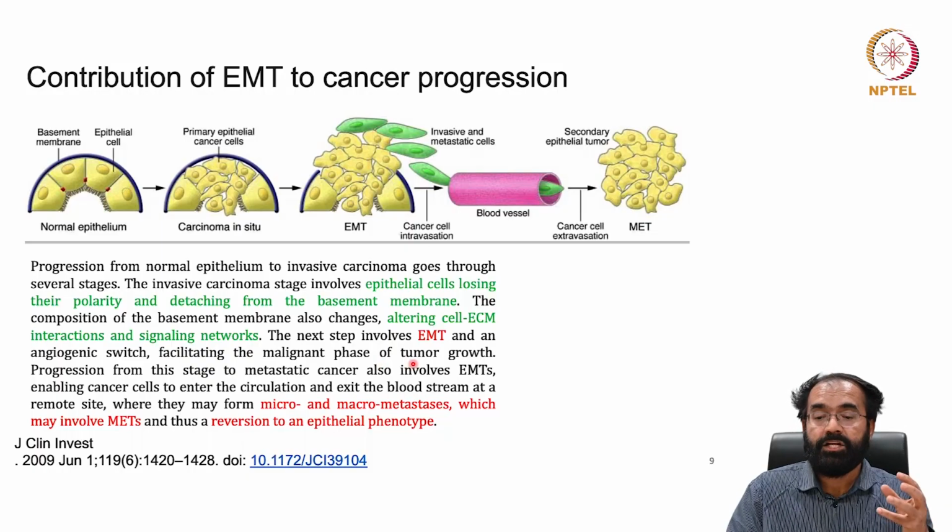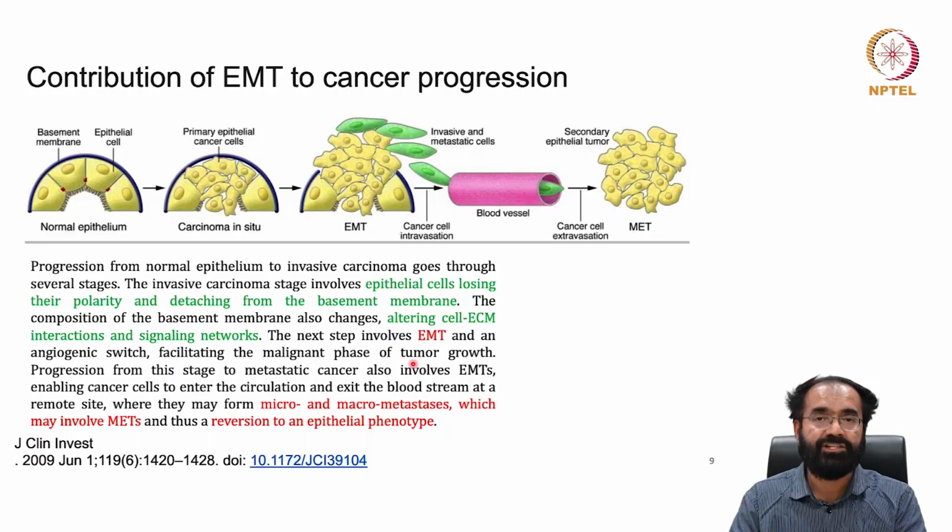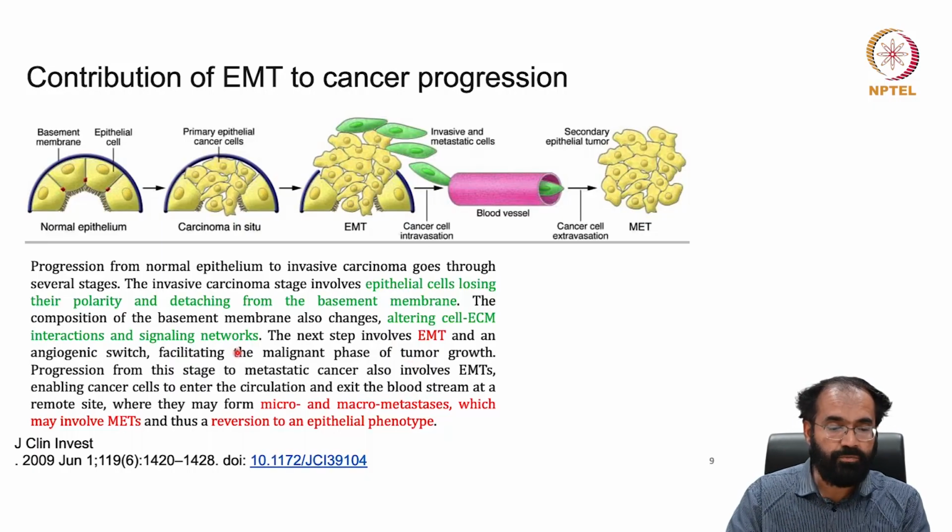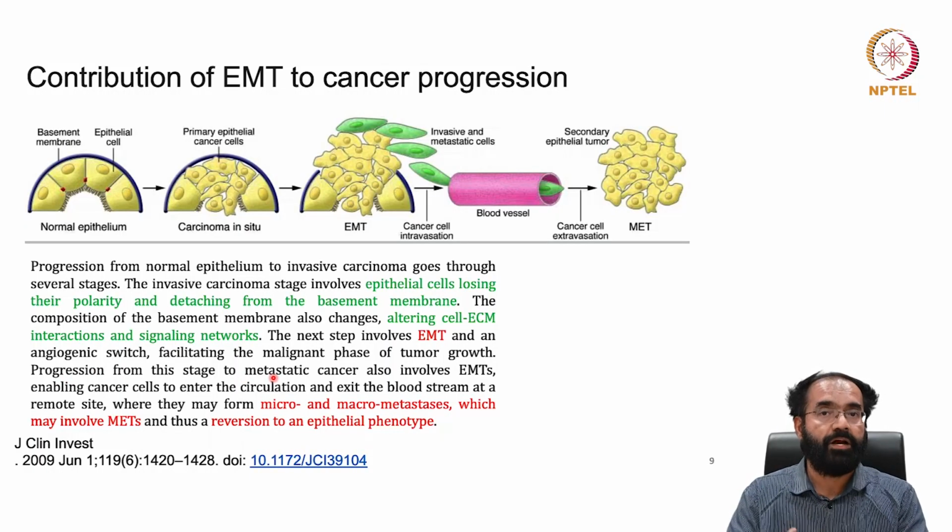So tumor growth needs mesenchymal transition helped by angiogenesis, and both EMT and angiogenesis contribute to the malignant growth of the tumor. Progression from this stage to metastatic: once the tumor is big enough, it will think of exploring newer territory, a secondary tumor or secondary cancer.